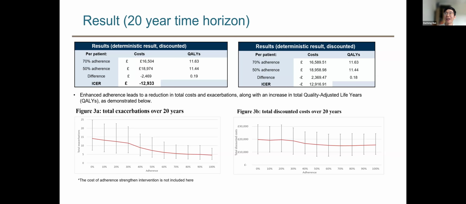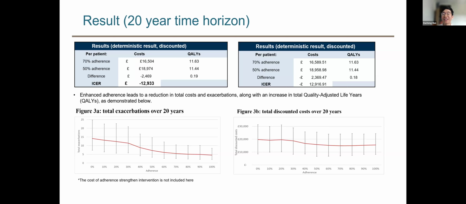For 50%, there's another number, with an increase in cost and a little bit fewer QALYs. So when we improve the adherence from 50 to 70, we have less cost and a little bit more QALYs, measured as 0.19.